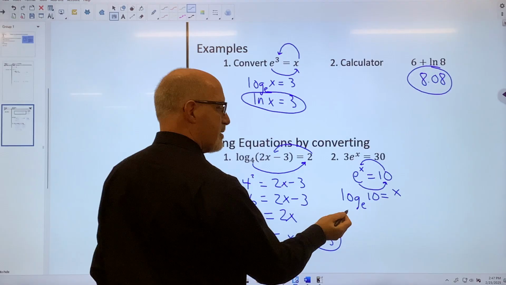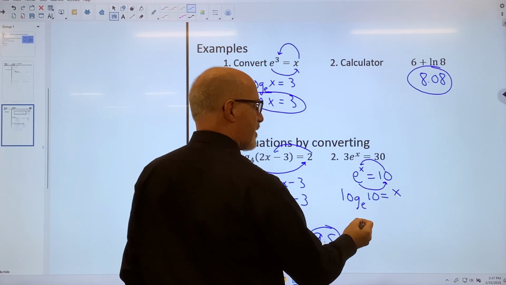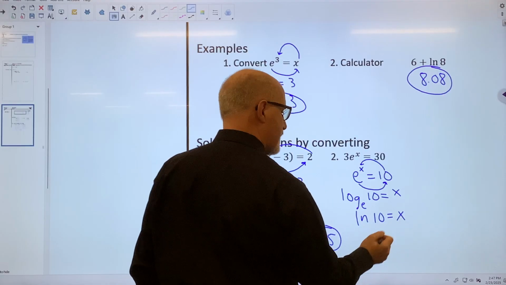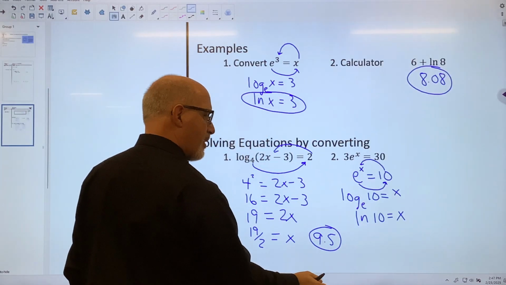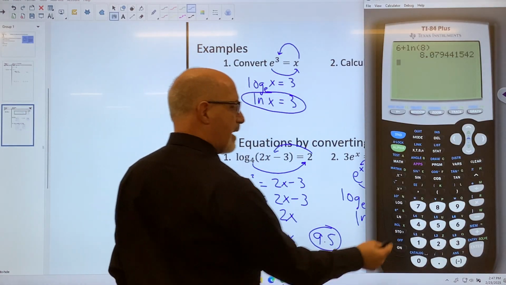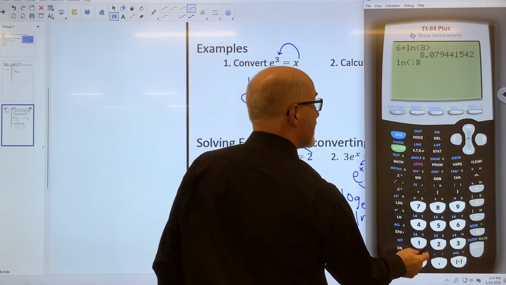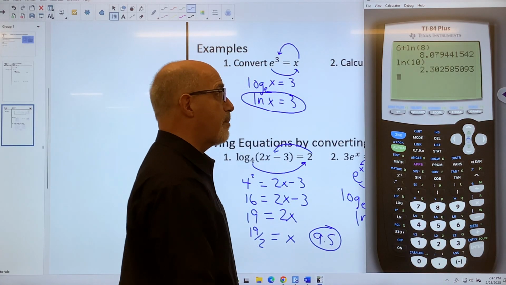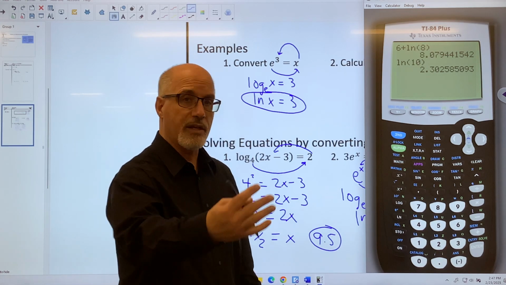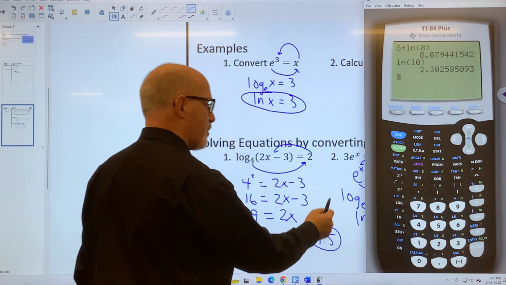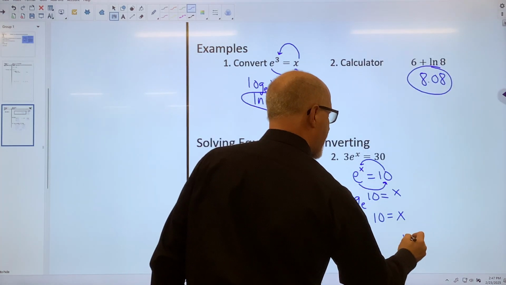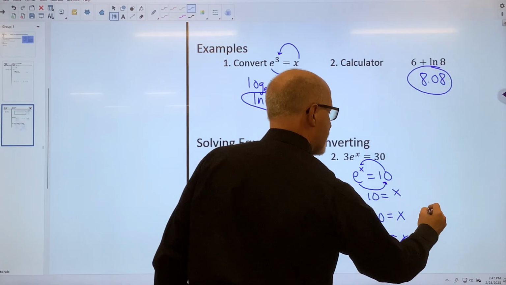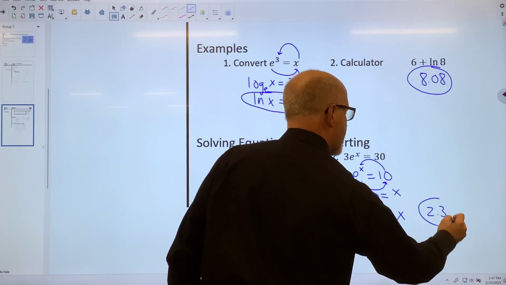Now, when we do this, notice that we can do this on our calculator because this is just the natural log of 10 is equal to x. We actually have a calculator key that allows us to do that. We're going to do natural log of 10 on our calculator. That gives us a value of about 2.30 and goes on, so we'll round it to 2.3. So our answer for x is approximately 2.3. So there's our answer for it.